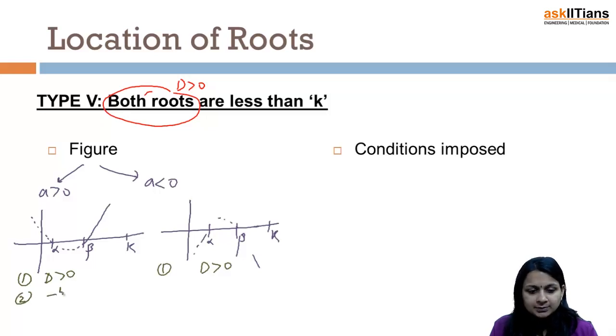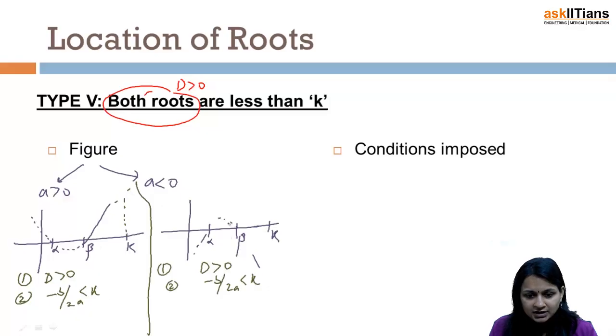So minus b upon 2a is less than k, and here also minus b upon 2a is less than k. Now what about f(k)? You can see that in the first case f(k) is greater than 0. In the next case, f(k) is less than 0.